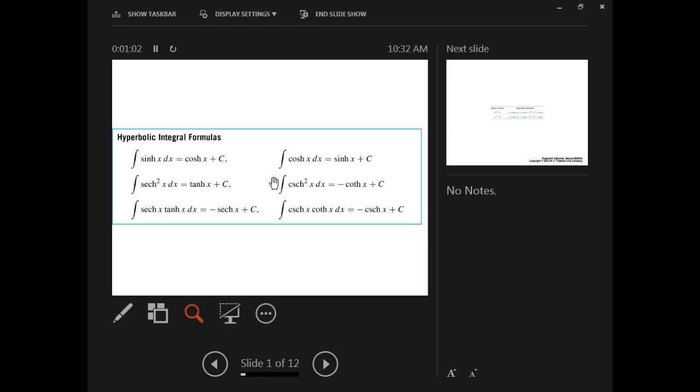The integral of hyperbolic cosecant squared is minus hyperbolic cotangent x plus c. The integral of hyperbolic secant times hyperbolic tangent is minus hyperbolic secant plus c, and the integral of hyperbolic cosecant times hyperbolic cotangent is negative hyperbolic cosecant x plus c.